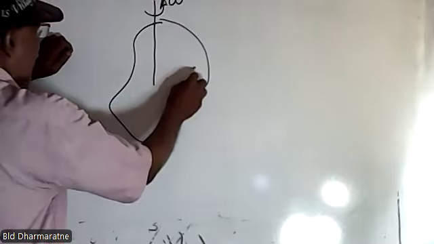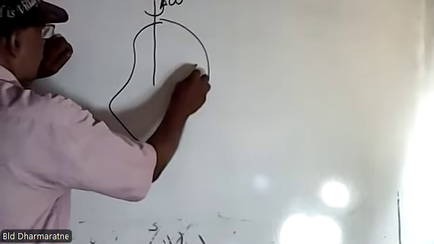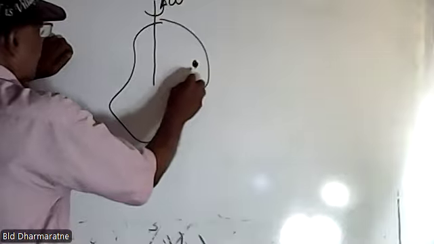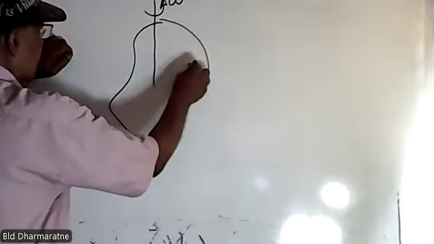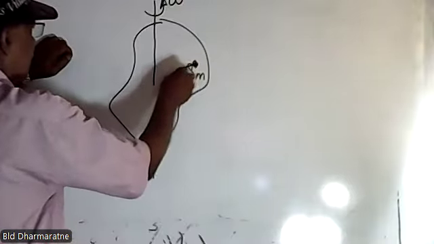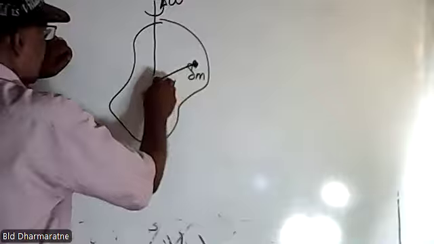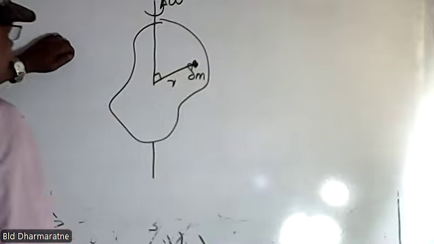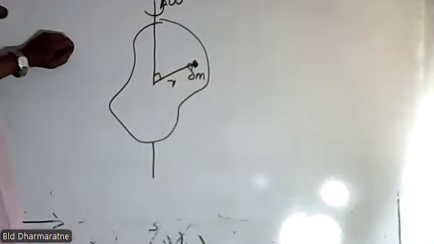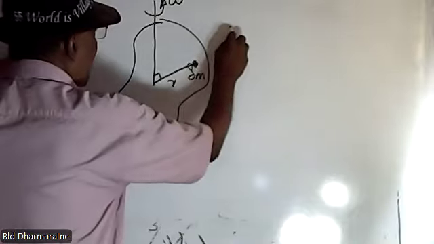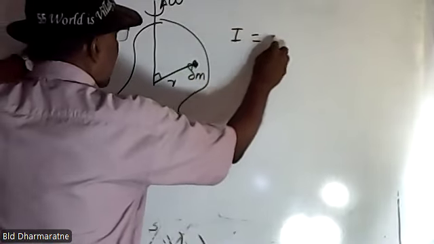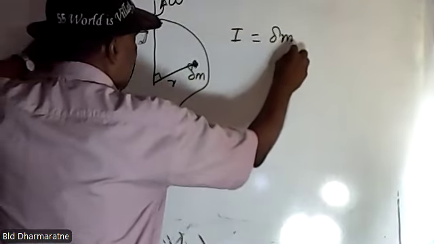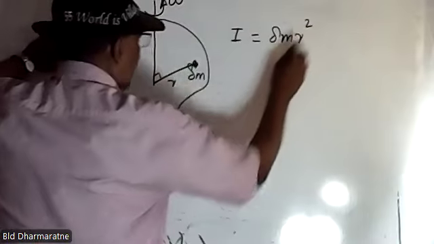Small particles delta m are accumulated here at distance r. We know that the moment of inertia I equals delta m r squared, as described previously.